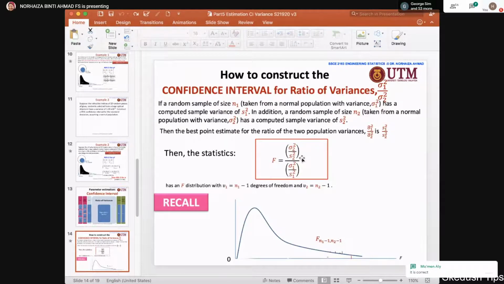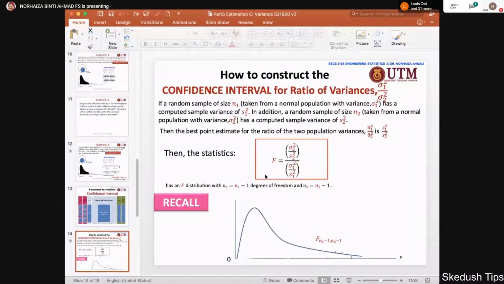Sigma 2 squared over S2 squared divided by sigma 1 squared over S1 squared is equal to sigma 2 squared over S2 squared times S1 squared over sigma 1 squared. Okay, never mind. Just leave this one first.